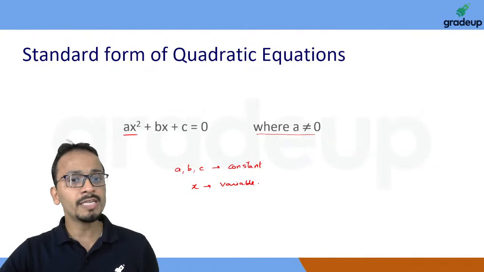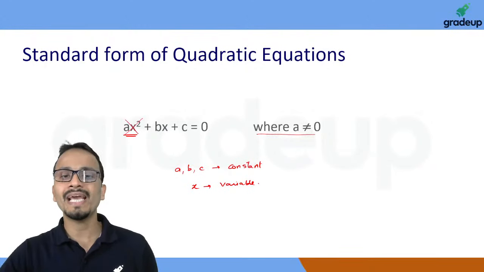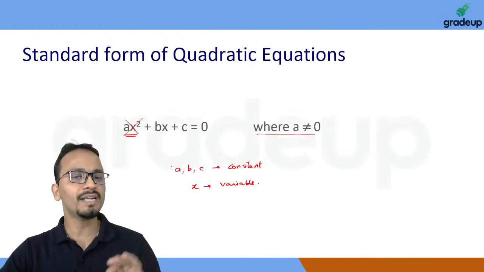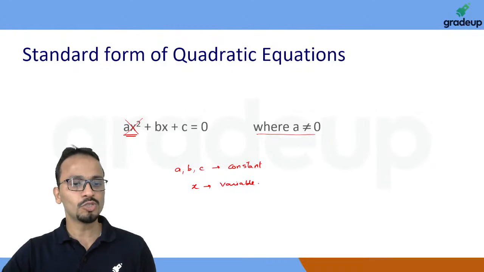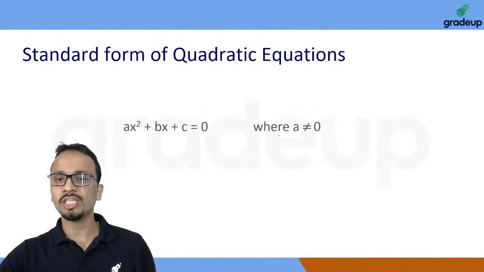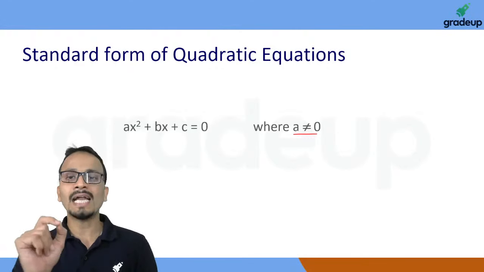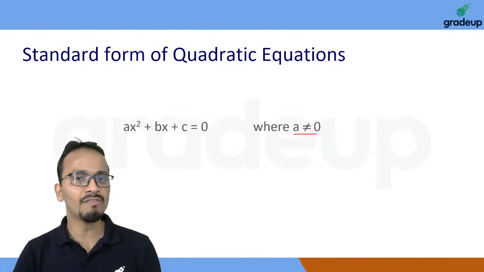If the value of a is 0, then this portion will be eliminated and the equation will not be a quadratic but a linear equation. So you have to take care about this condition that a cannot be equal to 0. Friends, this is the standard form in which you will have a quadratic equation.